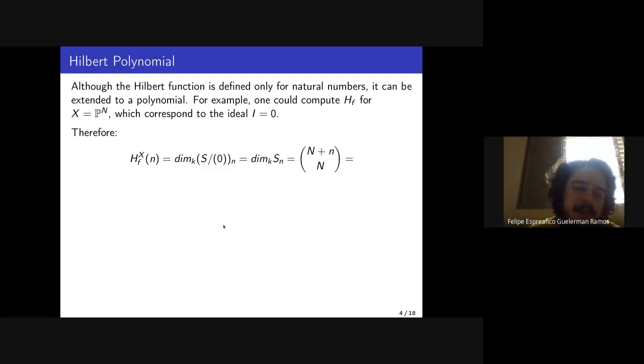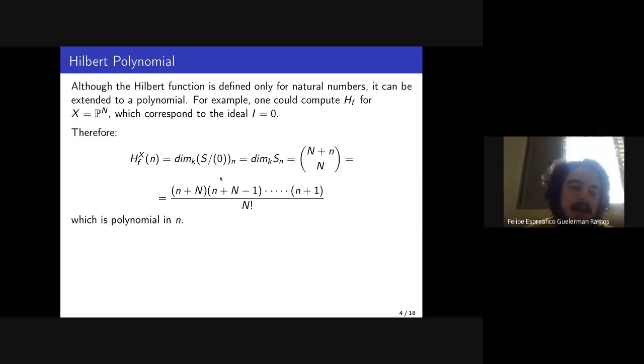And in this case, HF is just the dimension of the homogeneous component of all polynomials. And this is just the binomial number N plus n choose n. And then this is a polynomial, right? We could just compute.